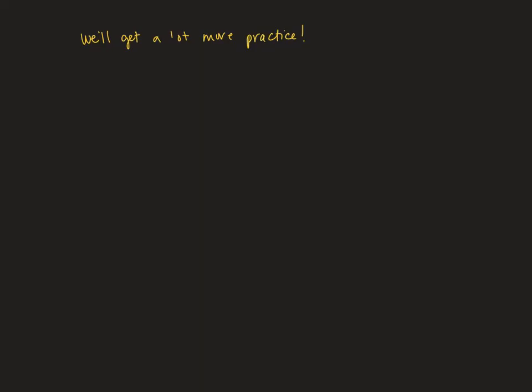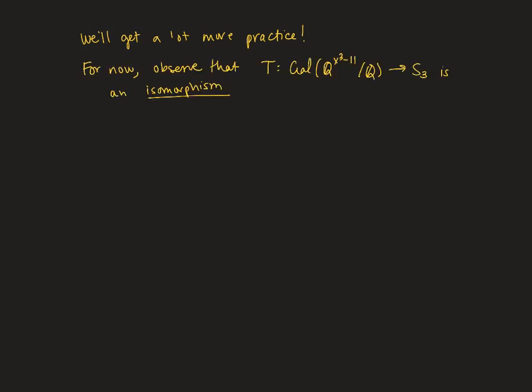We're going to get a lot more practice doing this because it's one of the key things that connect up the structure of groups with the roots of polynomials later on in the course. But one thing that you'll want to notice in the example on the previous slide is that the homomorphism we just looked at, we know it's one-to-one because we proved that it has to be, but it's also onto, and that means that it's an isomorphism.